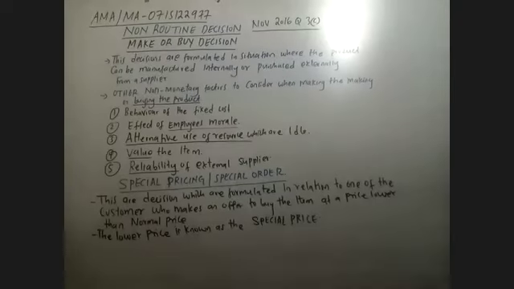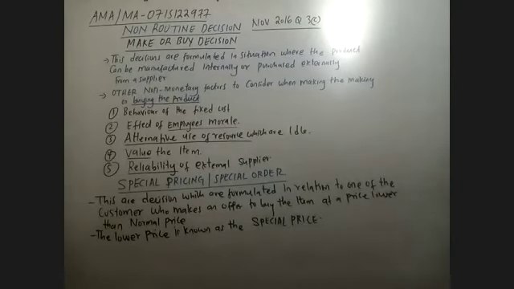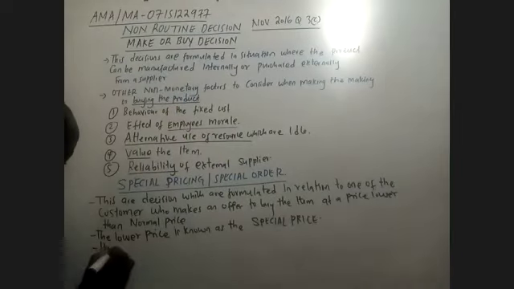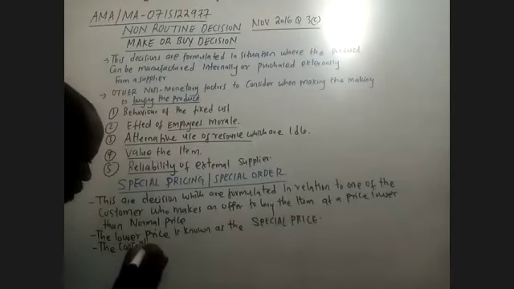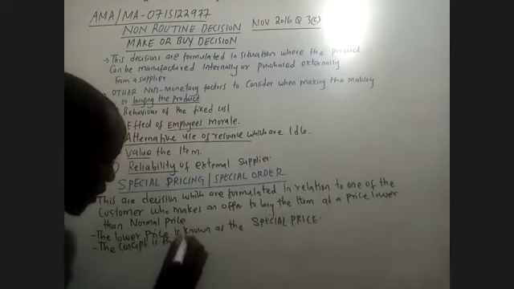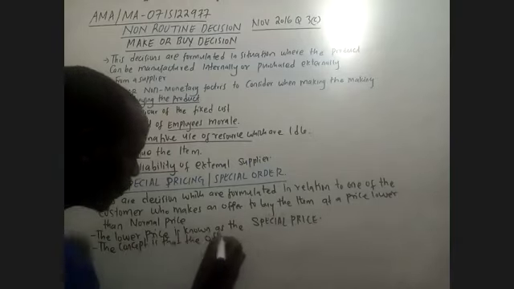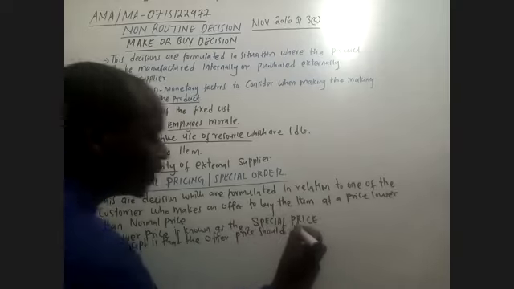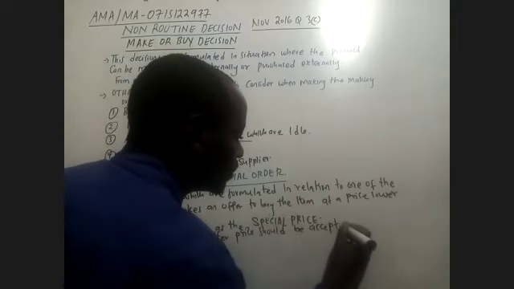Our labor is 40, so 80% of 40 is 32. Now add them together so that we can get the total variable cost. So how much does it come to? 152.